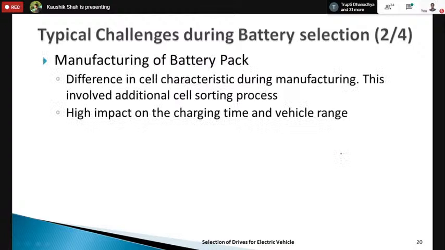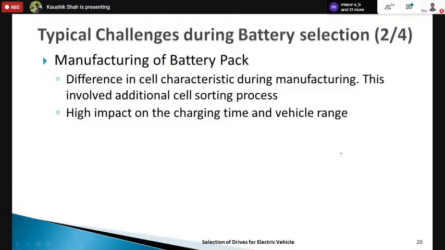Now, the second point is the manufacturing of the battery pack. You might feel that we don't make the pack, it could be done by the supplier, but these problems are associated with the supplier also, because he is going to work with you continuously. So you should understand that the manufacturing process should be such that cell to cell variation is controlled, since differences in characteristics are observed in the manufacturing process itself.